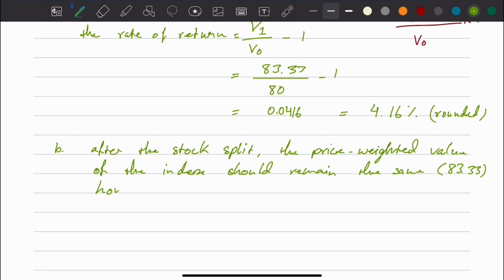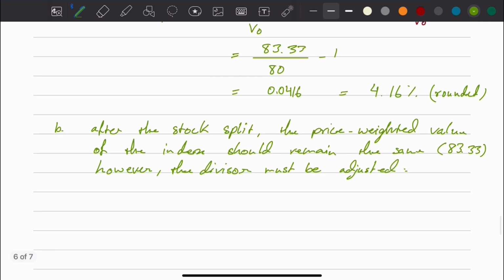However, the divisor must be adjusted. How are we going to adjust it? We're going to refer back to our formula, which was the total price of each stock in the index.